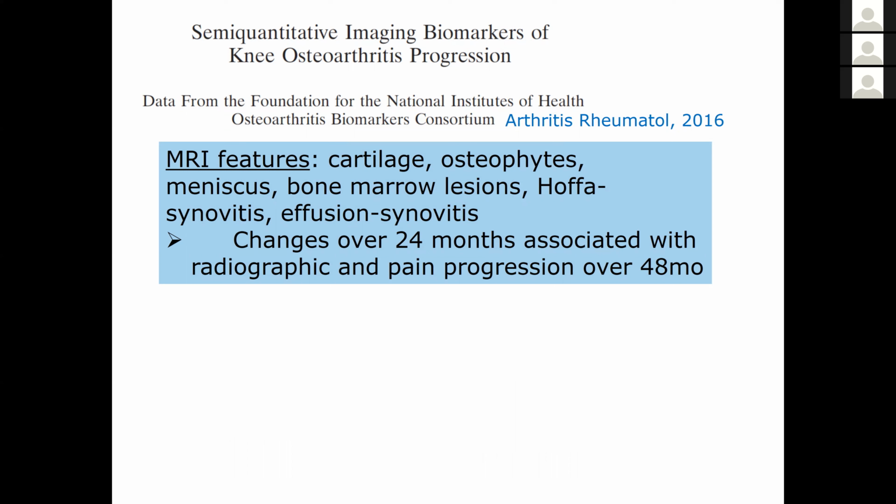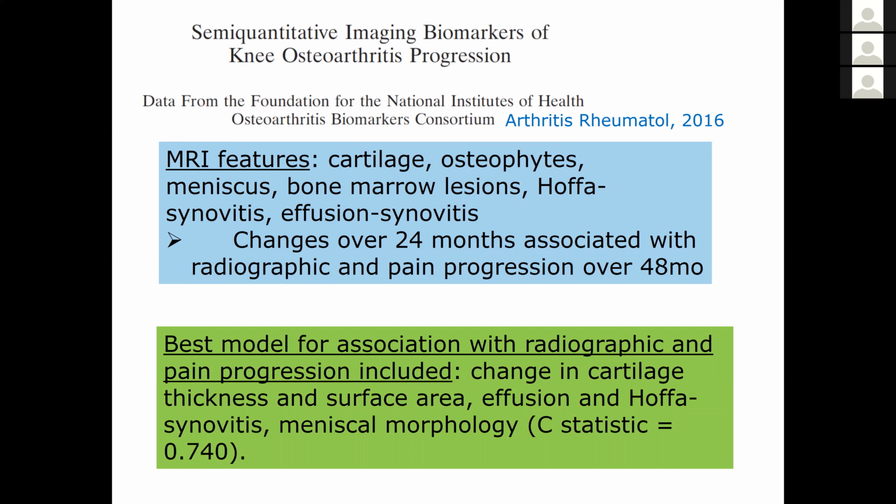What they found in this study was the best model for radiographic and pain progression was change in cartilage thickness and surface area, the effusion and Hoffa synovitis, and then the meniscal morphology. So again, showing the importance of these particular structures as predictors of at least radiographic progression and pain progression.